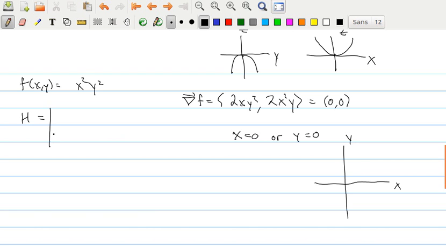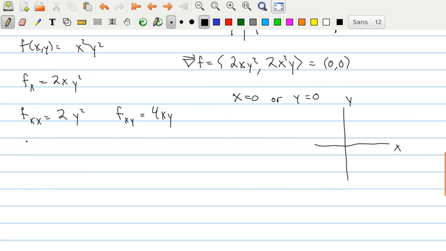So we go through and take our second order partials. Let's take a little time to expand this out. We know that fx is 2xy squared. fxx is 2y squared. If we look at fxy, the partial of fx with respect to y, this is 4xy.